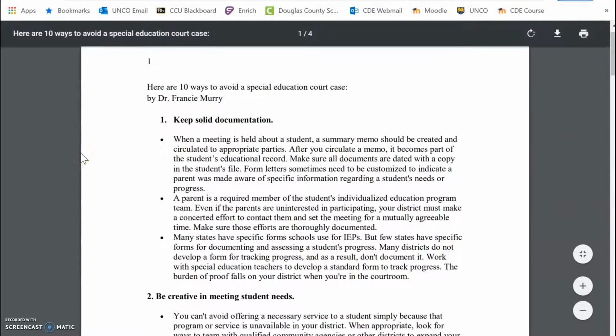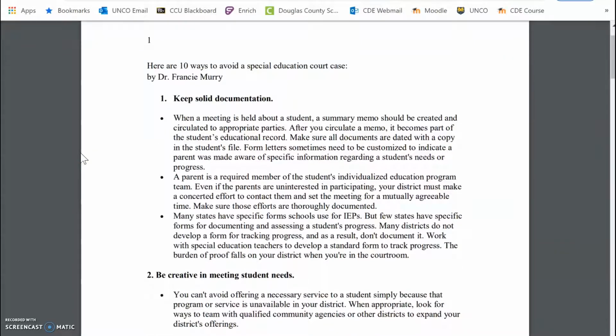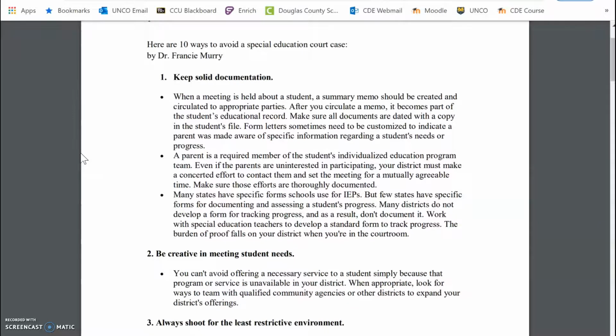She has written this document to support providers in schools in how to best avoid going to court for special education litigation, and B, how to really proactively support students and engage and collaborate with families, because if that is our ultimate objective and we're doing all we can to go above and beyond in doing that for each child every time, it will reduce the odds of a court case. As it says, solid documentation.